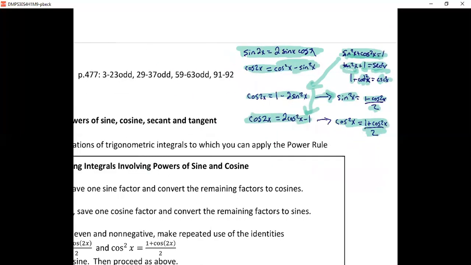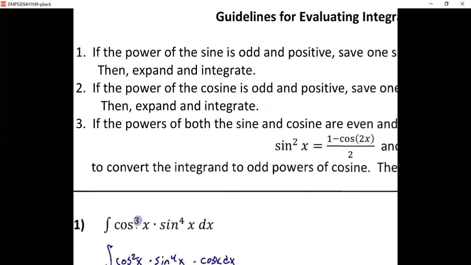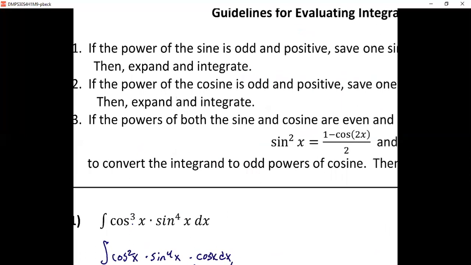So our first primary question is, how do we integrate this cosine cubed sine to the fourth power? Let's take a quick walk to see where we've been in terms of finding the integrals. So the integrals that we've taken are what happens if we have sine of x, cosine of x, dx.